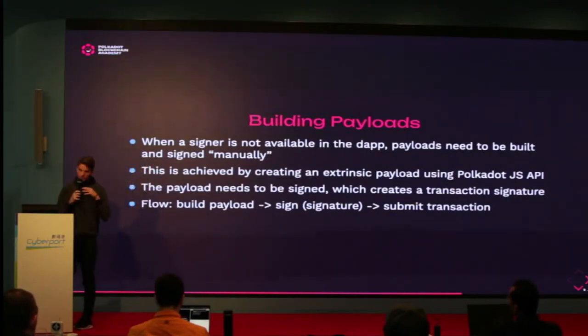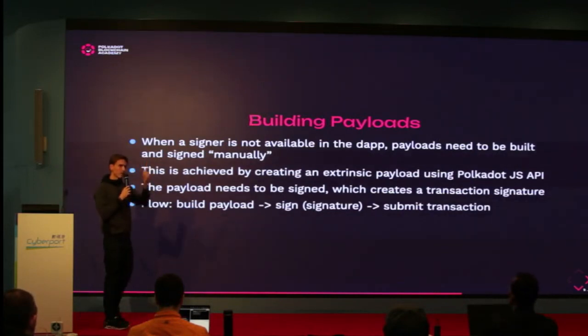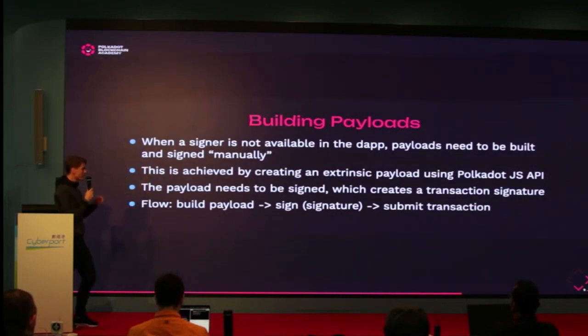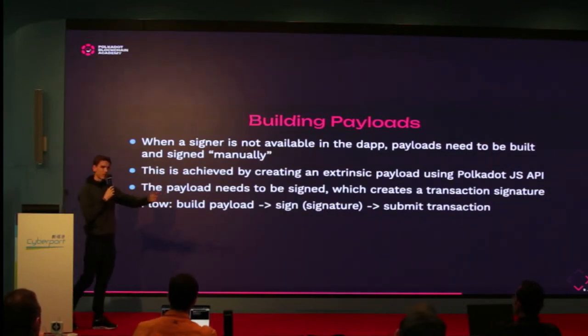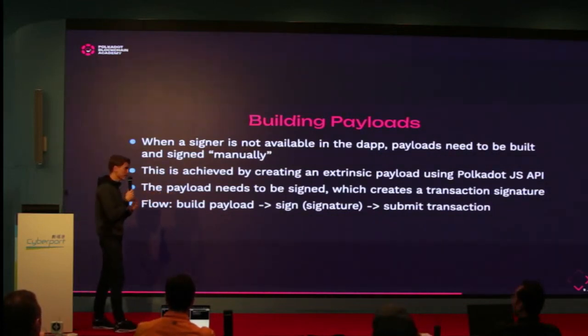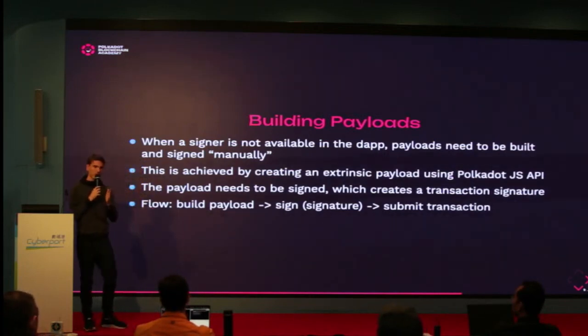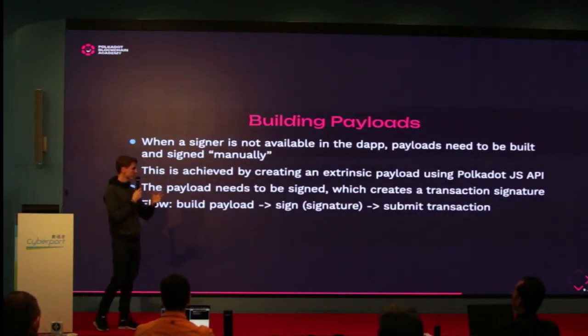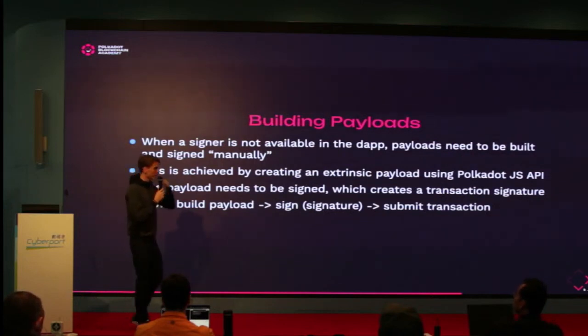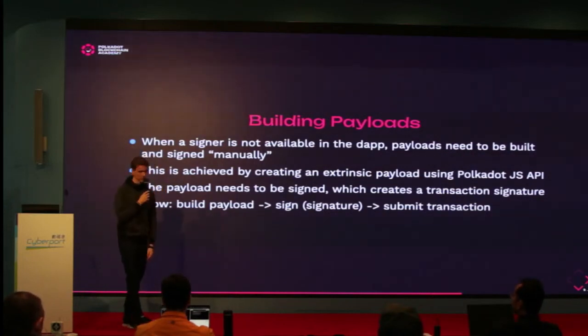The signer is on the device, so we cannot get the signer from a web extension or wherever they might be. So what we have to do is prepare the transaction in a payload. We then send the payload to wherever the signer is, in this case maybe a Polkadot Vault or a Ledger hardware wallet, and then they sign the payload, return a signature, and then we can go ahead and submit the transaction with that signature.